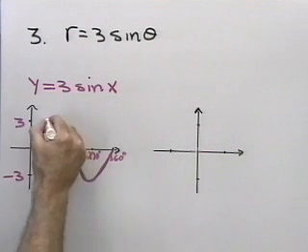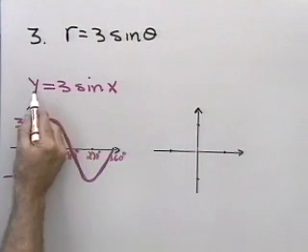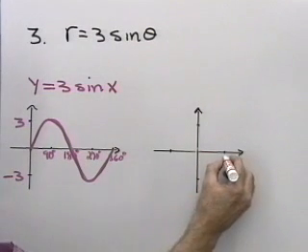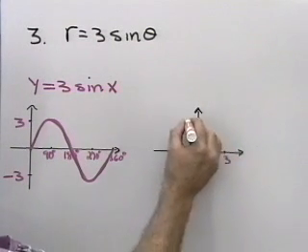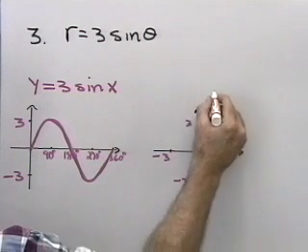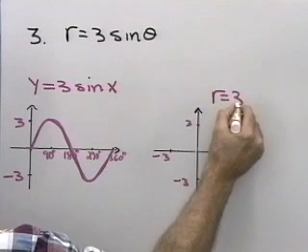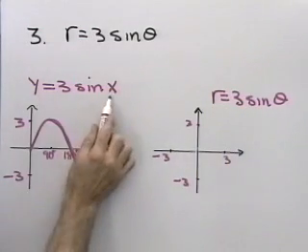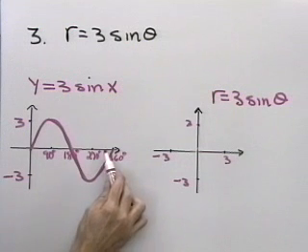So I'd get a graph that looks something like this for the graph of y equals 3 sine x. So I'm going to go over here to another coordinate system and draw in 3. And I'm going to graph r equals 3 sine theta by looking at how y changes as a function of x in this equation right here.